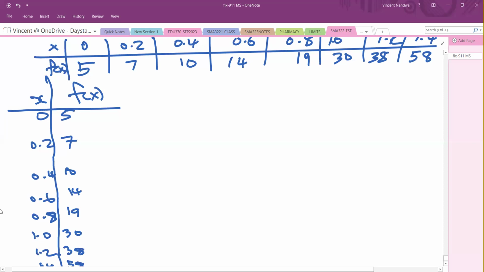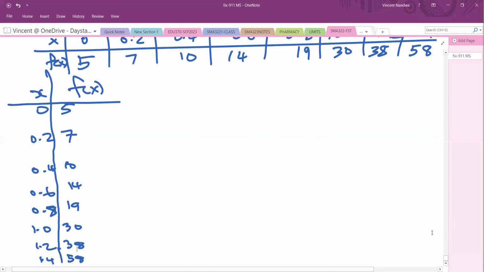I have this table. We want to use it to interpret some things that, when you start solving problems on interpolation, you will need to know before you start solving.